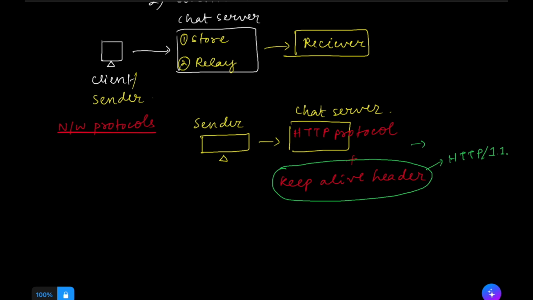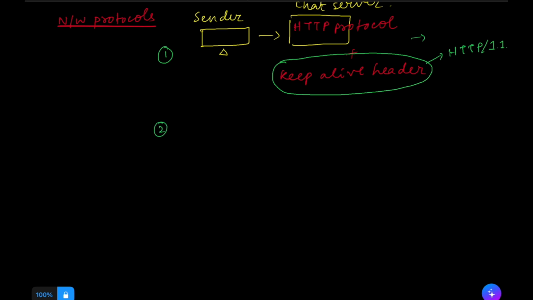But the next question is, how does the server connect with the receiver? The sender connects with the server using a HTTP protocol and the keep alive header. So this is done. Our next question is, how does this chat server communicate with the receiver?